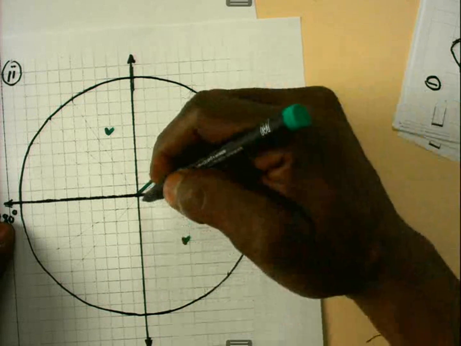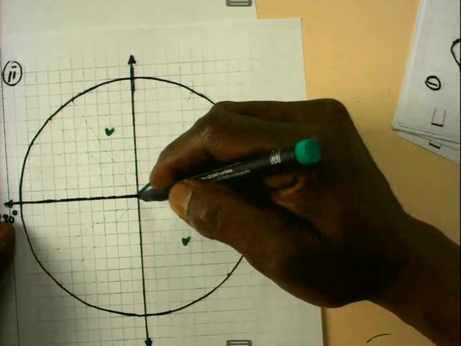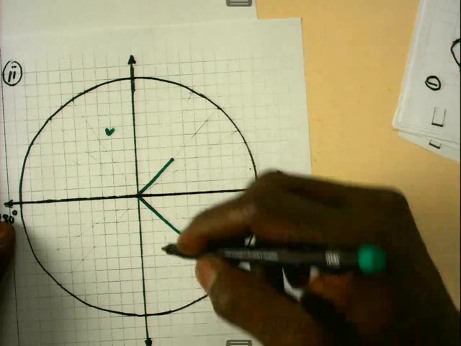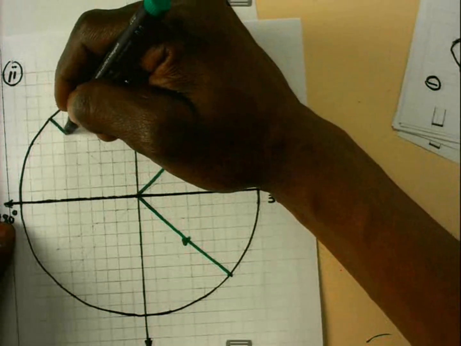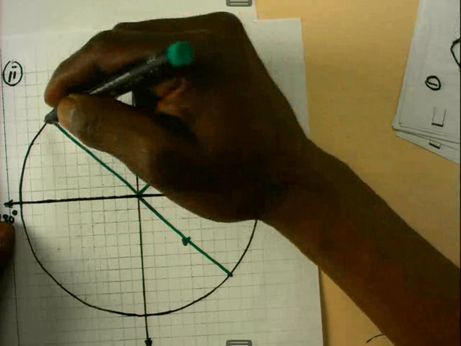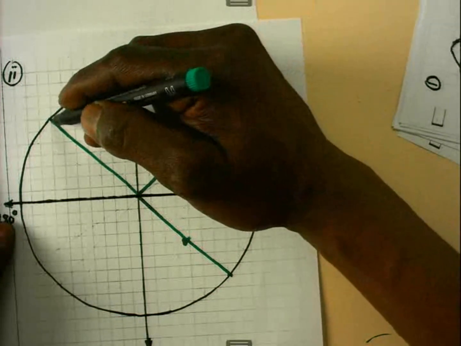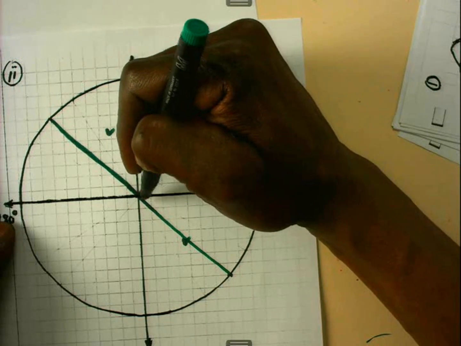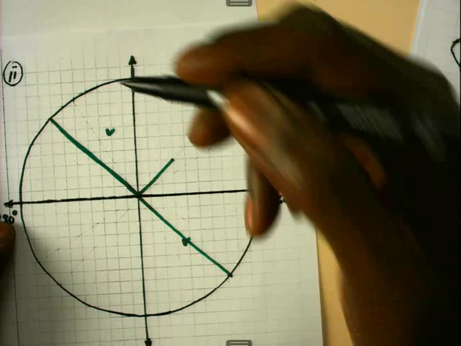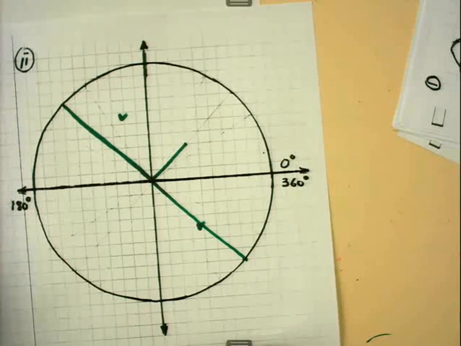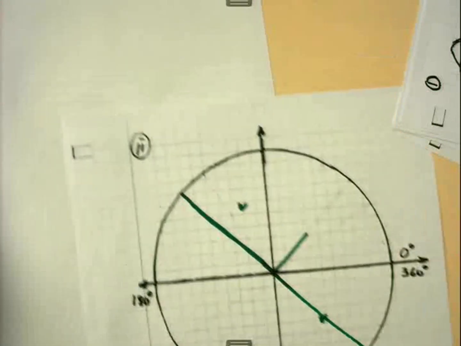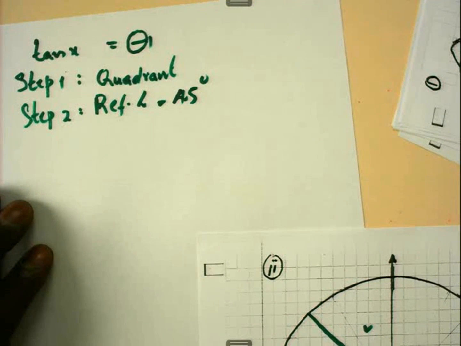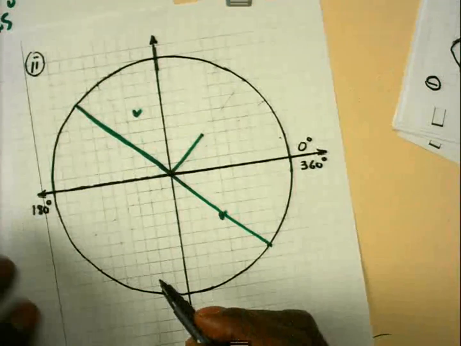So my reference angle is 45 degrees there, and let me just draw that. Now we are working in the fourth quadrant as well as in the second quadrant. Something is funny here. This thing wants to be a straight line. We'll see why it wants to be a straight line. Okay, let's go back. We have our reference angle.